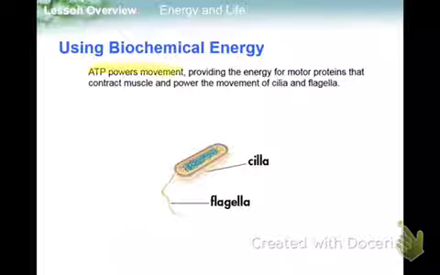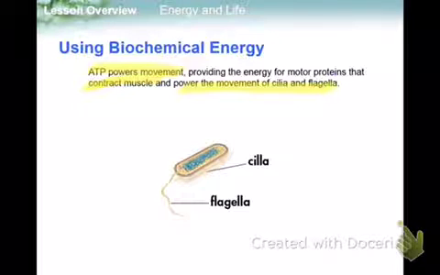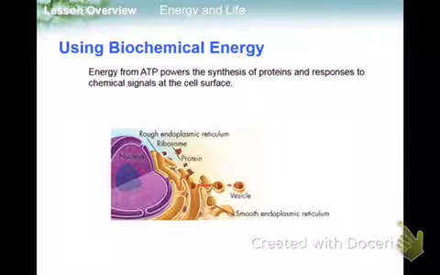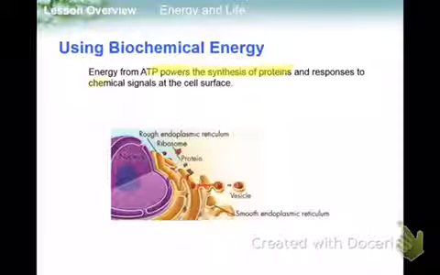ATP also powers movement. Again, contracting muscles, powering the movement of cilia and flagella in unicellular organisms. ATP powers protein synthesis, and responds to chemical signals at the cell surface.